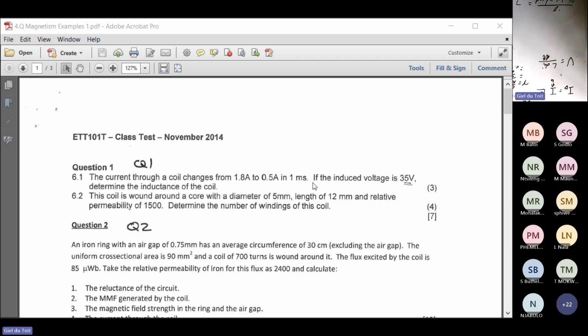So now you can calculate, you've got the inductance, right? So mu naught, what is mu naught?